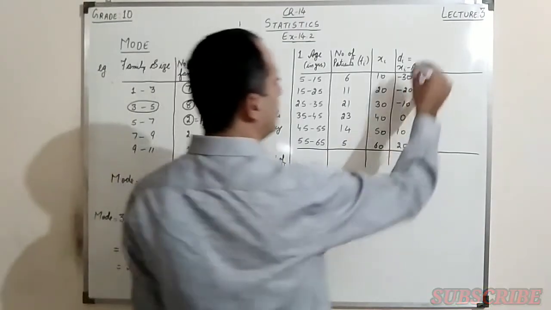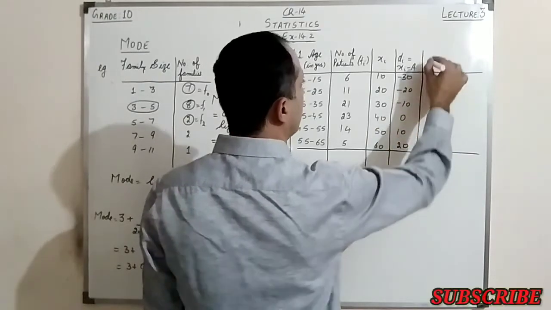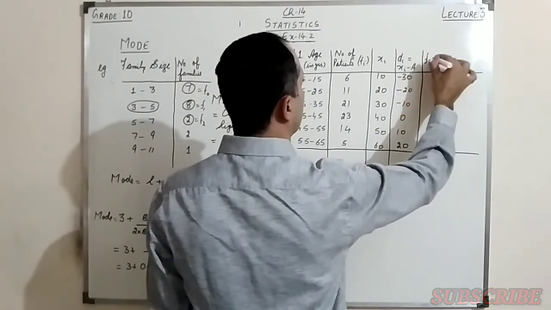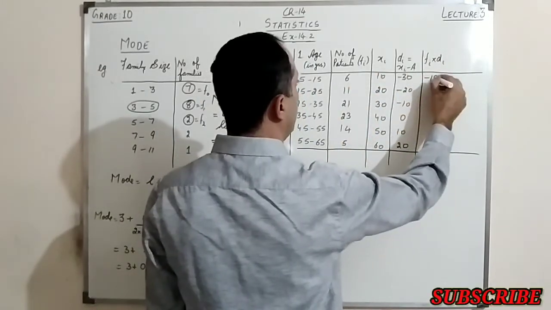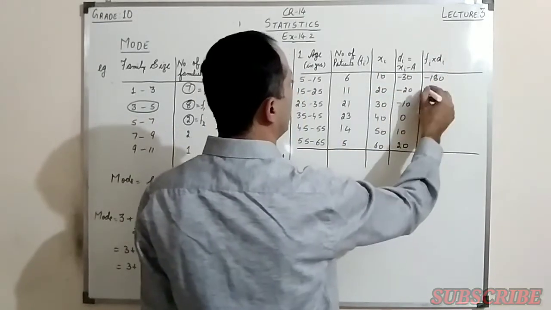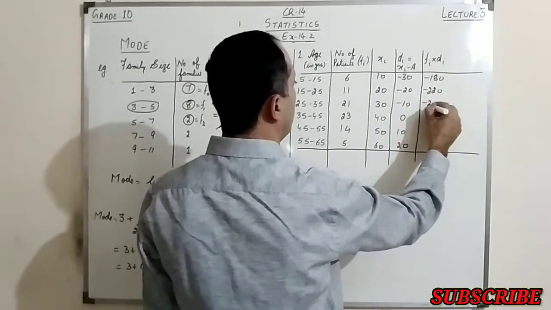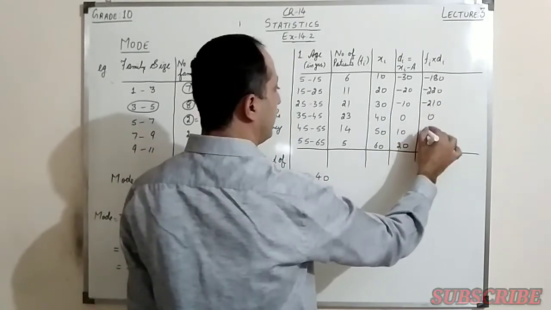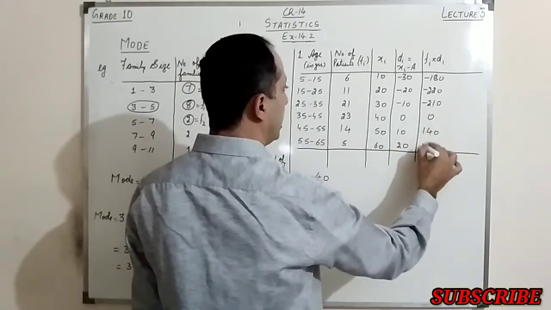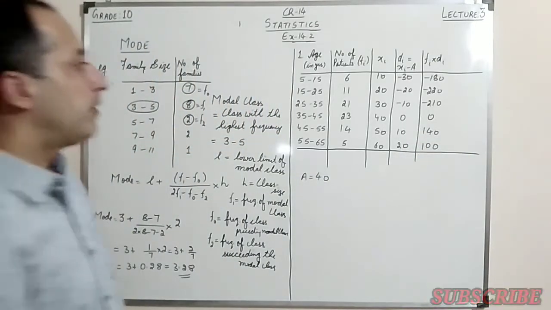Alright, let's find fi into di now. So this is minus 180, this will be minus 220, and this is minus 210. And then we have 0, this is 140, and then we have 100. Right. Now, to find the mean, let's add these.